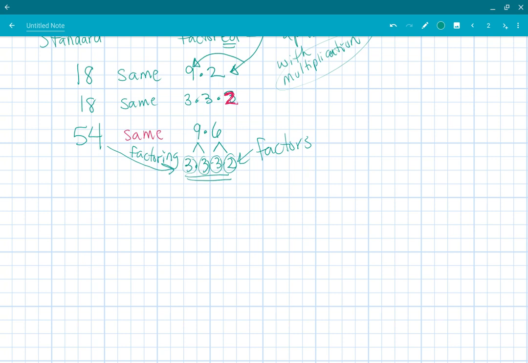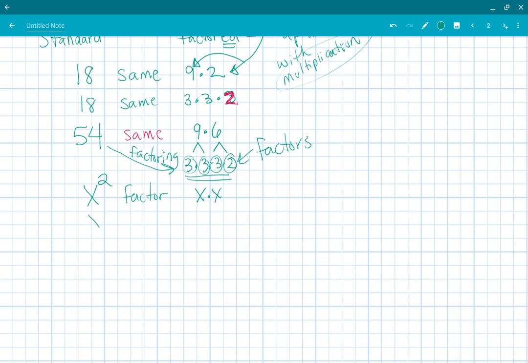Okay. So far, so good. I'm going to go into the hard stuff because this is the simple stuff. So let's factor this. And I did it on the top. What is the same thing as saying x squared? X times x.